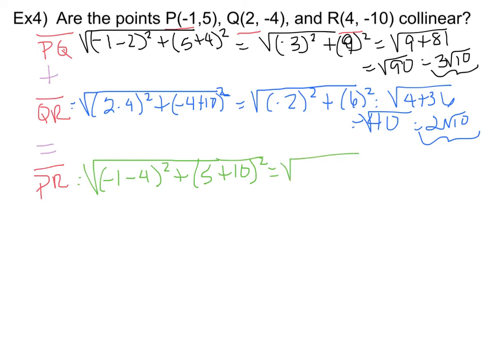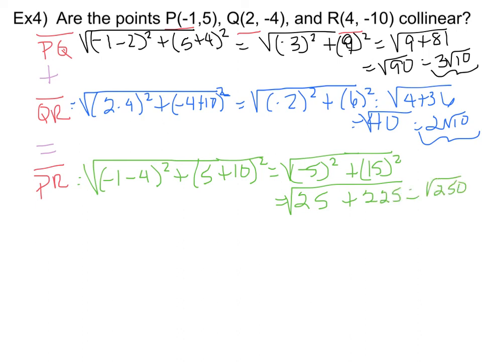This gives me negative 5 squared plus 15 squared. That's the same thing as 25 plus 225. So I'm looking at the square root of 250, which you can break down and get 5 square roots of 10.